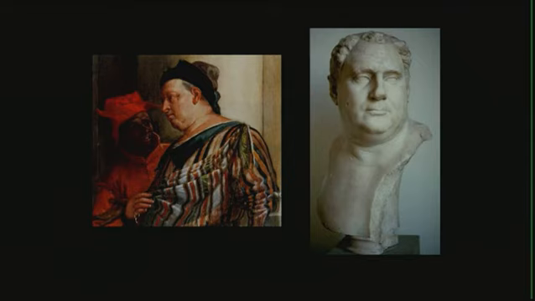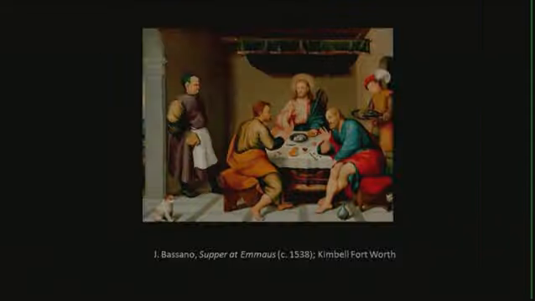Now, that's also a piquant point that you find here in Jacopo Bassano, likewise a Venetian painting of the Supper at Emmaus, where this servant character here is also pretty much a dead ringer for the Grimani Vitellius.